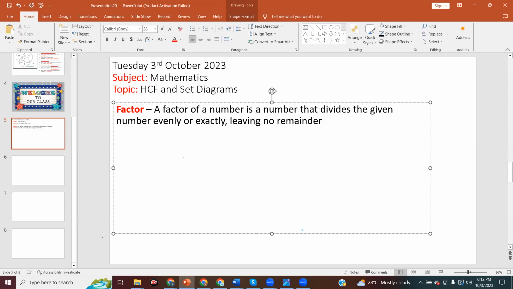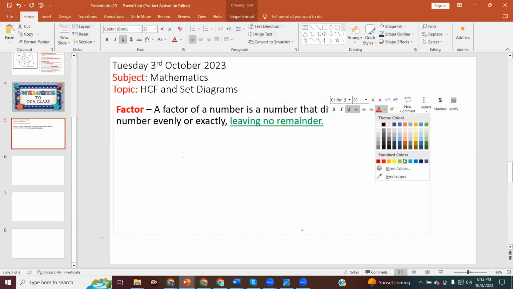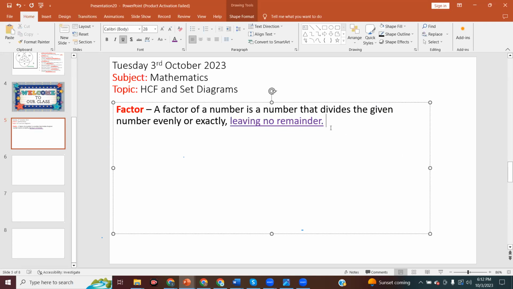All right. So it's very important that you understand that for factors, there is no remainder involved. No remainder.